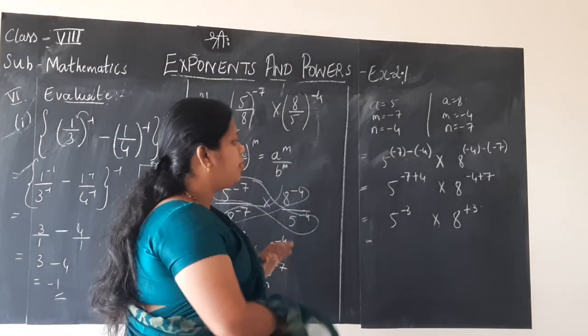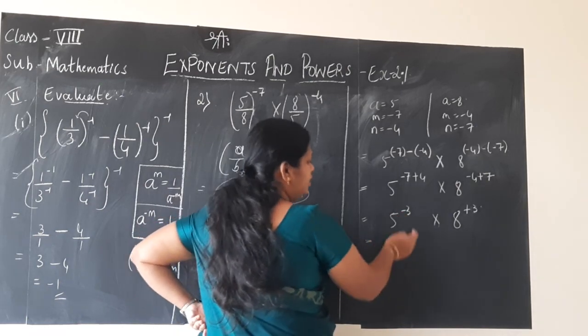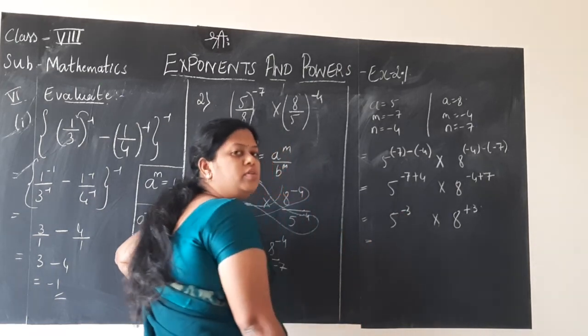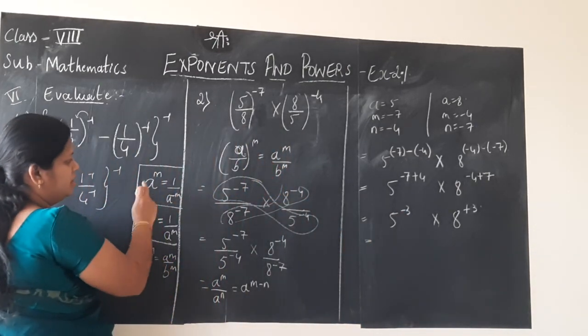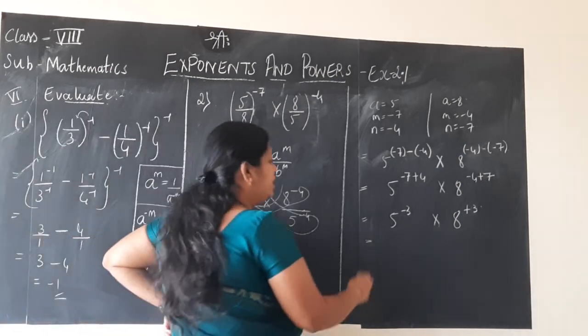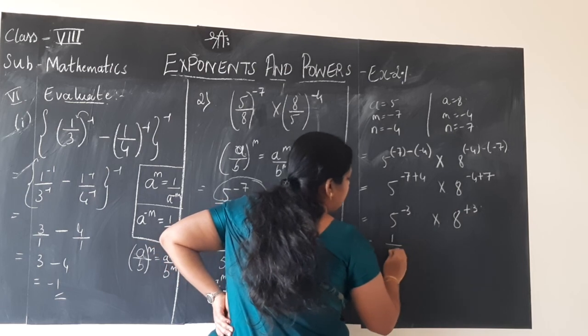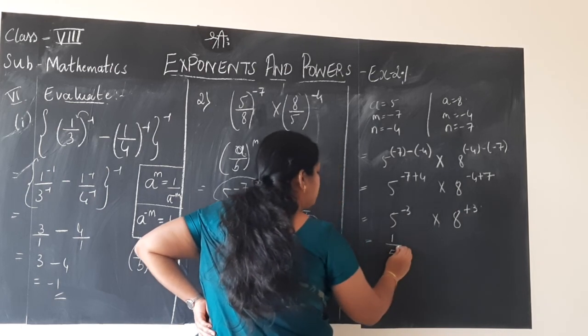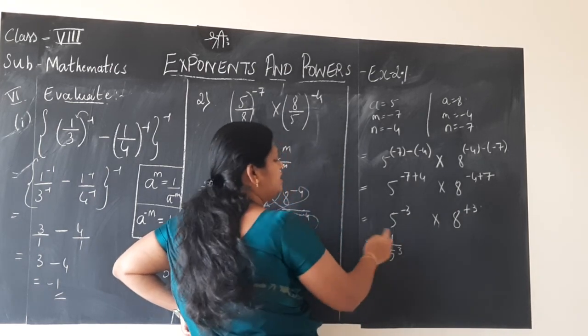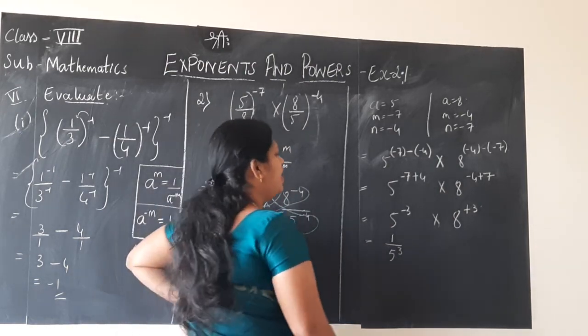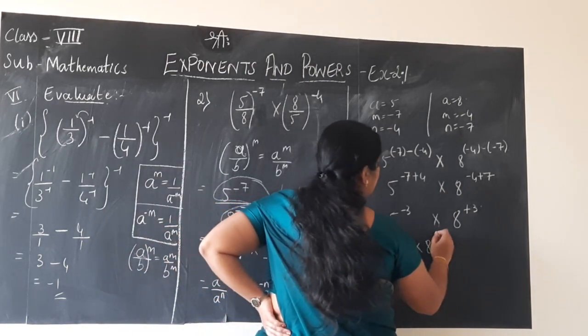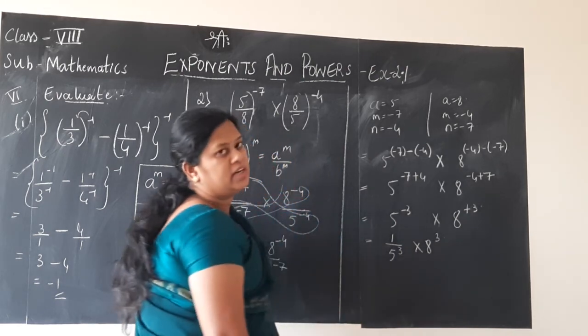You should make it positive. Minus 3 you should make plus 3. How do you make minus 3 plus 3? Simple. Send it to the denominator. So 5 to the power minus 3 will become 5 to the power plus 3 when I send it to the denominator. 8 power 3, no issues. Why? It already has a positive exponent.